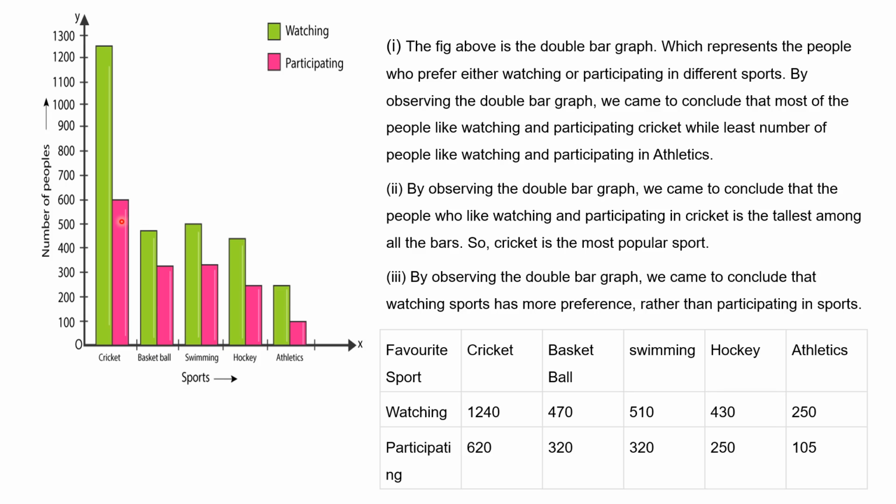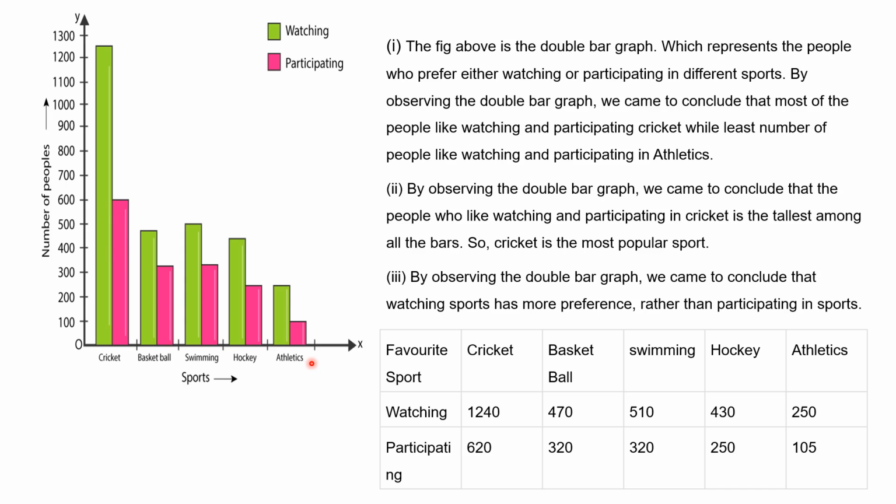And the most loved sport is cricket and the least loved sport is athletics. And one more observation we can say: most of these people love to watch the sport rather than participating in the sports, right? See here, the first bar is taller than the second bar in all sports, right?